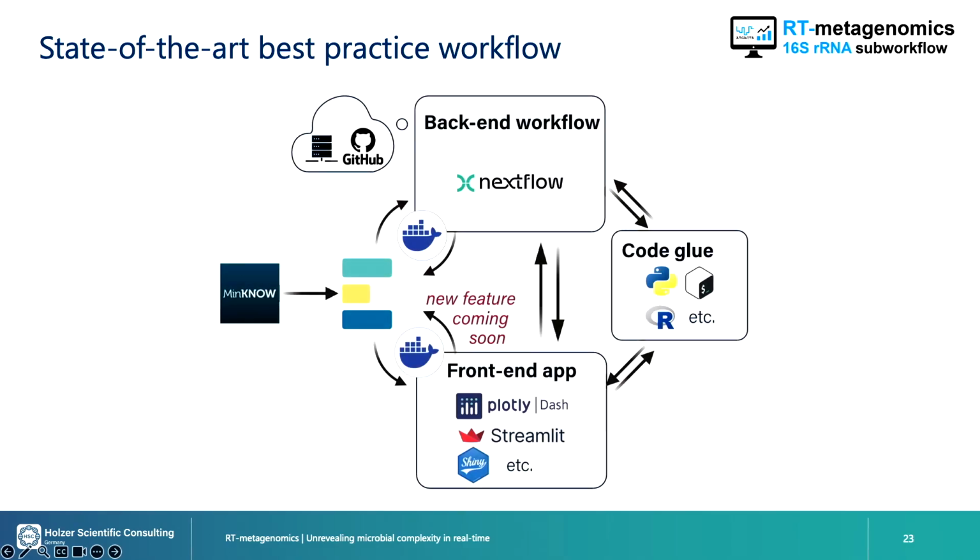As a result of that, we came up with a state-of-the-art best practice solution of how we as a community should be looking into the development of software for long-read analysis. And this is what we came up with. Essentially, everything starts with MinKNOW, which produces our base calls and our raw reads. These are then directly piped into EPI2ME, where the backend is a Nextflow pipeline that is deployed via a Docker container system.